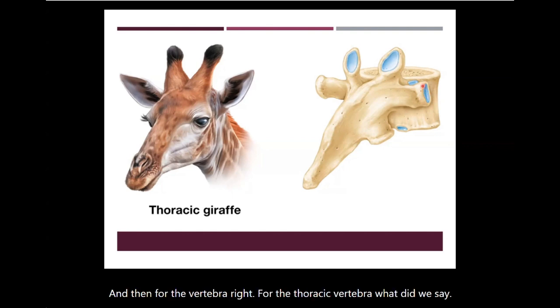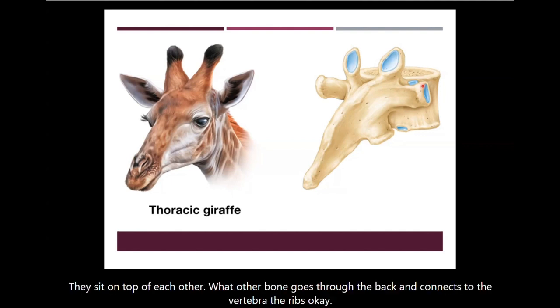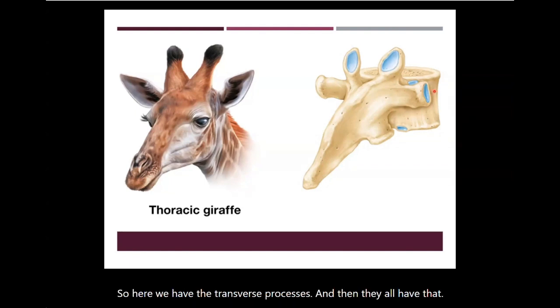These facets are facets because they are going to articulate with another bone. For the thoracic vertebra, what did we say it articulates with? Not only do the thoracic vertebrae sit on top of each other, what other bone goes to the back and connects to the vertebra? The ribs, okay? So here we have the transverse processes, and they all have that, but the thoracic ones have these facets.